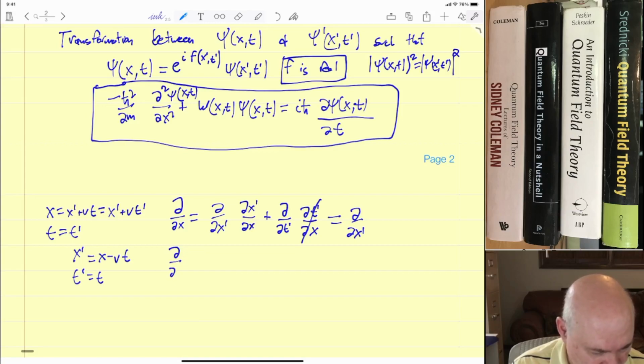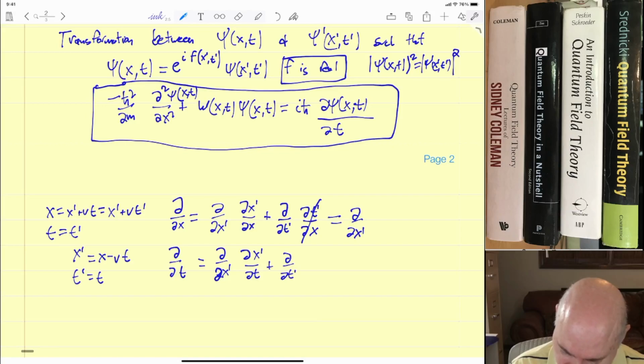And now I have the partial with respect to t is equal to the partial with respect to x prime times the partial of x prime with respect to t, plus the partial with respect to t prime times the partial of t prime with respect to t.